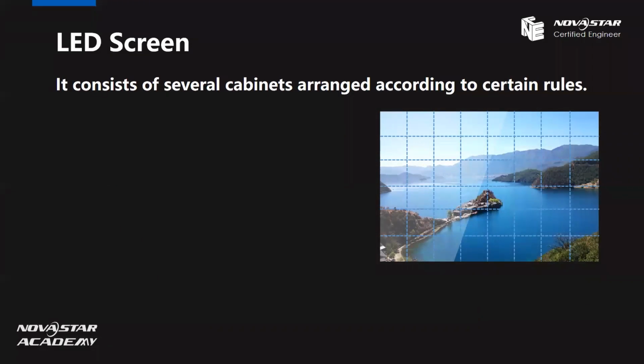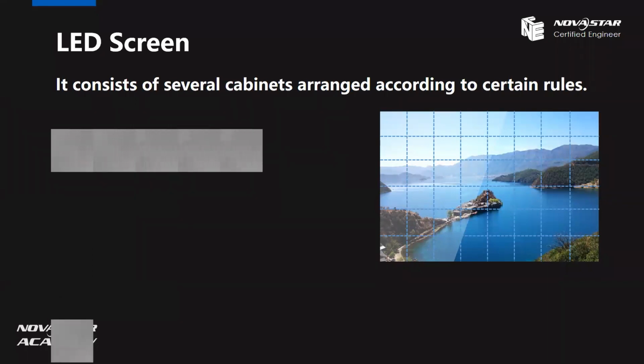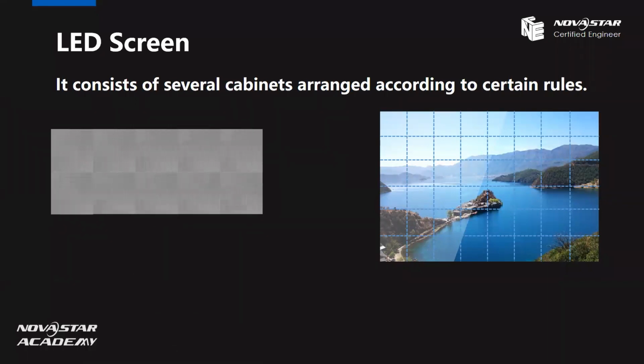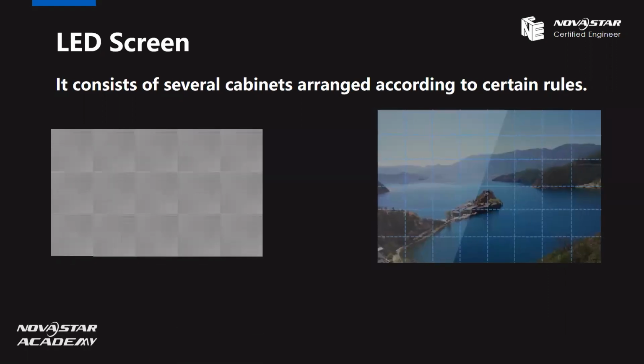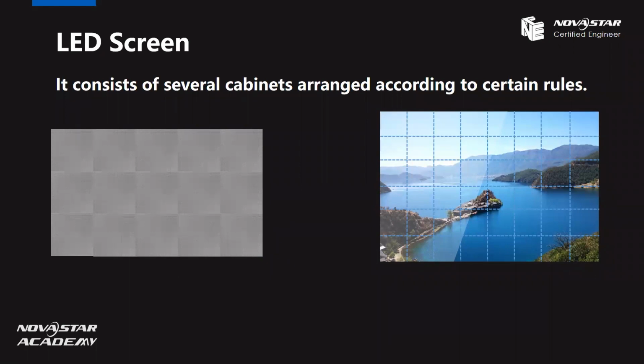Now after the LED cabinets are ready, we need to build up an LED screen. As the picture shows, the LED screen consists of several LED cabinets arranged according to certain rows.